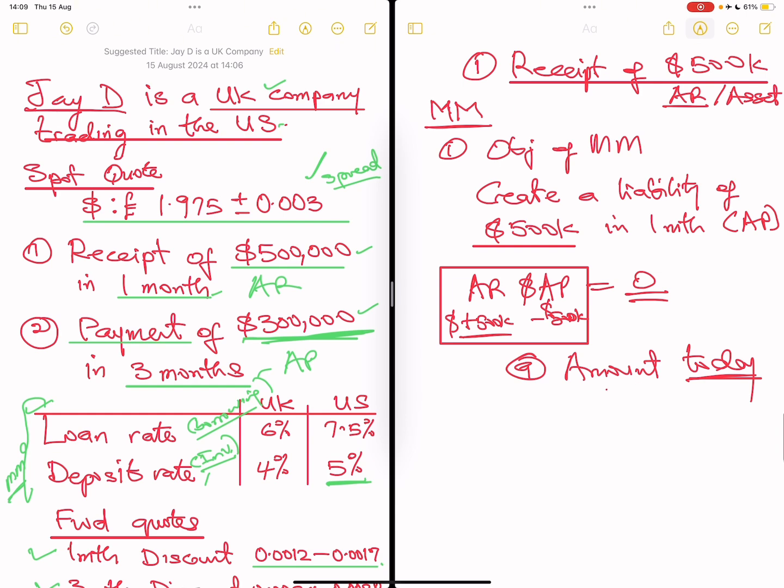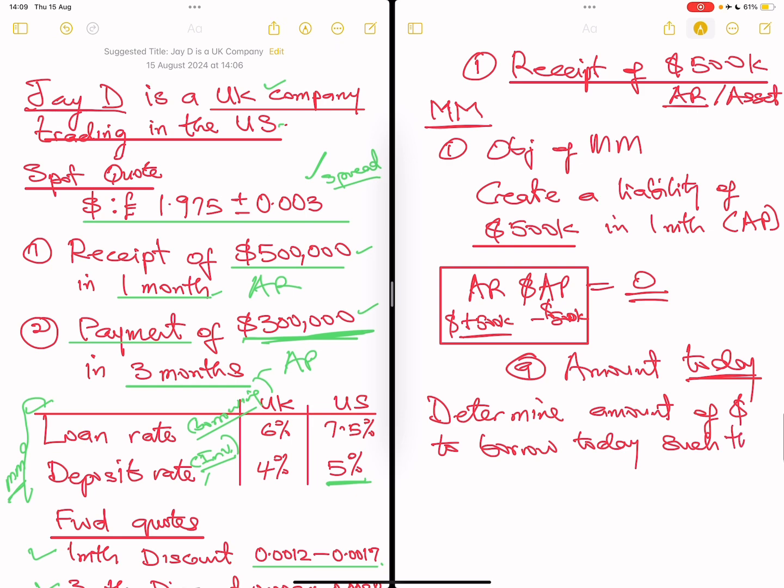So how much do you need to borrow today such that, so let me write this in a sentence for you, so it's easy. So what we want to do is to determine the amount of dollars to borrow today such that the principal borrowed, and when you borrow money you will pay interest.